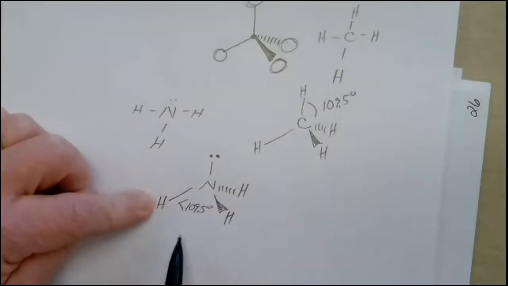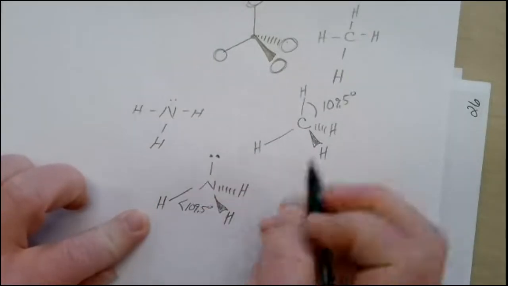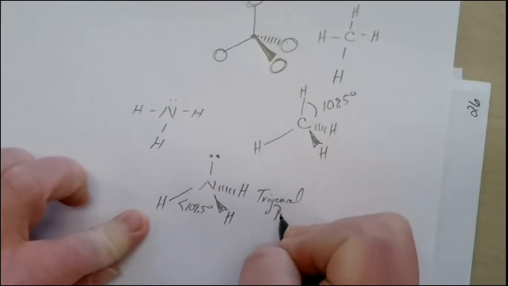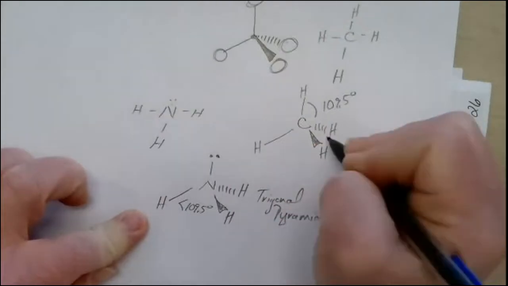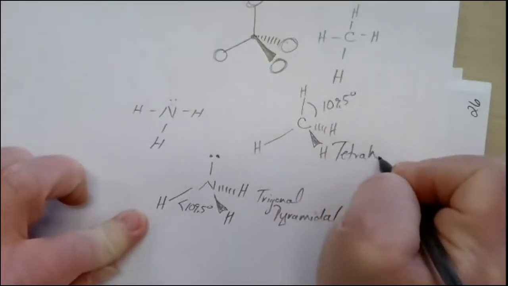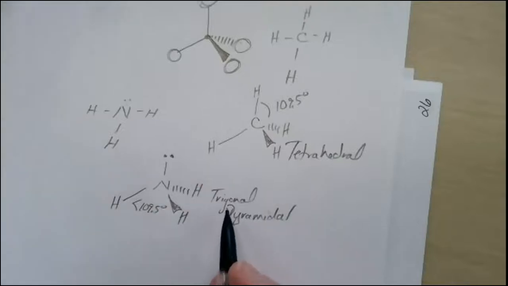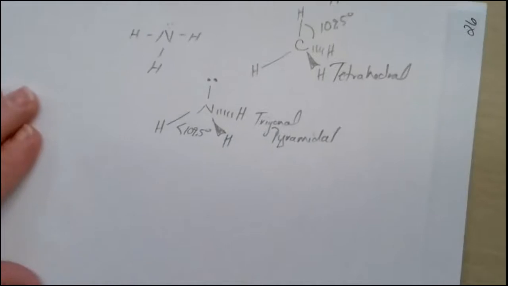We never have to know specific, just that it will be less. It's not called tetrahedral, it's trigonal pyramidal. And we need to memorize all of these terms. Tetrahedral, the bond angle that is related to it, and then if there's a lone pair, what the new geometry will be called, and the impact of that lone pair on bond angle.